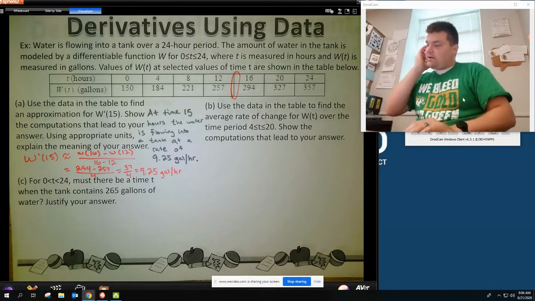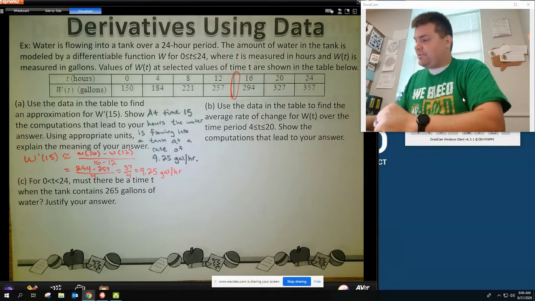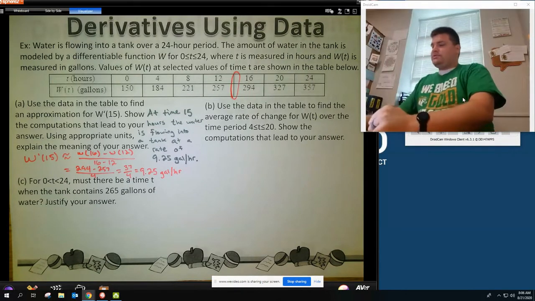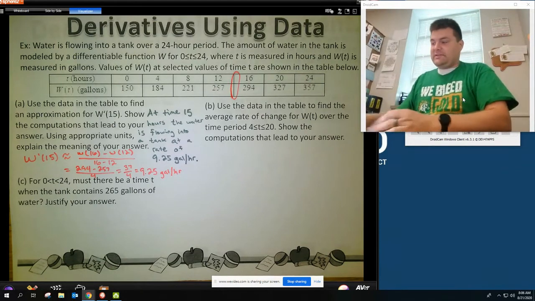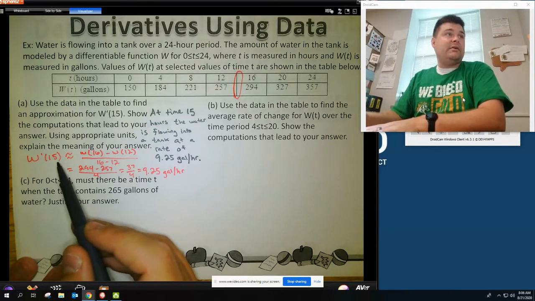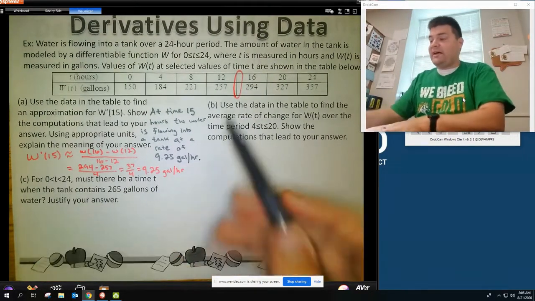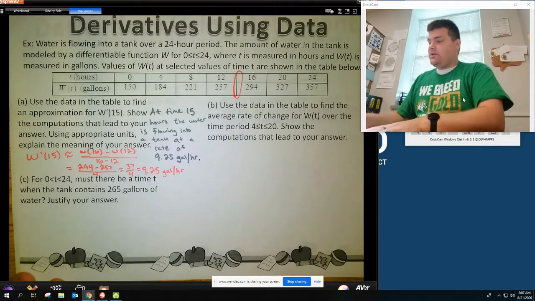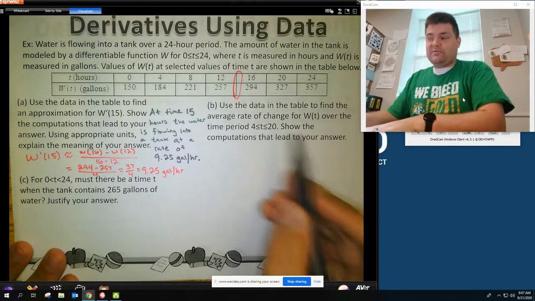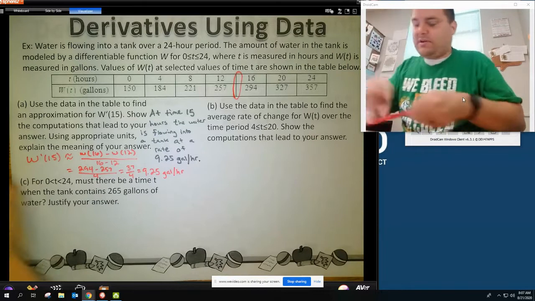Okay. Now let's go ahead and look at B. Let's use the data in the table to find the average rate of change. The average rate of change is going to be the same thing as the slope of the secant, so it's really going to represent the same thing here. But the difference between A and B is that for A, I had to figure out which two values to use, whereas now they're giving us the two values to use.